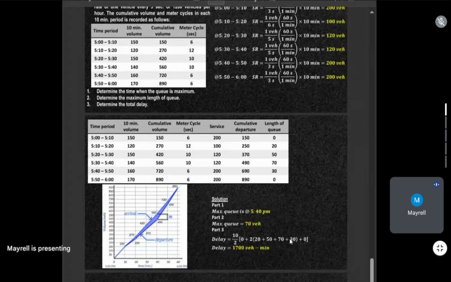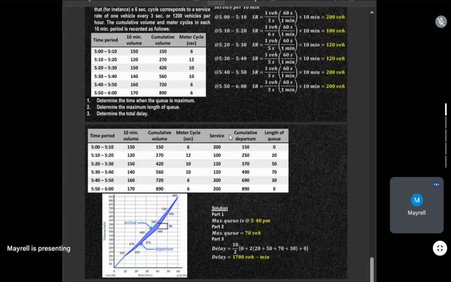Okay, then for the service rate, let's expand the table. So you have the service rate 100, 100, 120, 120, 200, 200. The cumulative departure from the cumulative volume, 150.